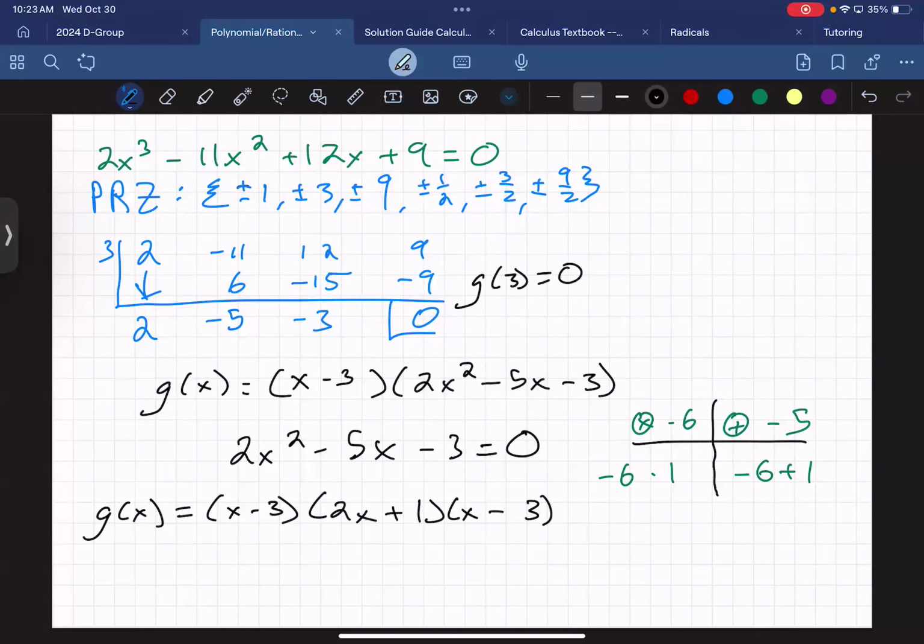What needs to stand out to us, though, about this? Right, so there's what we call multiplicity. Now, our whole focus here was trying to find the zeros of the function, right?